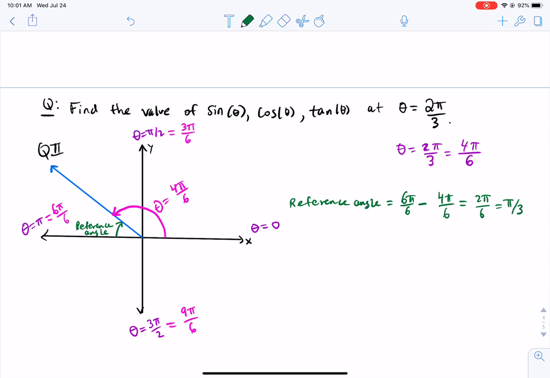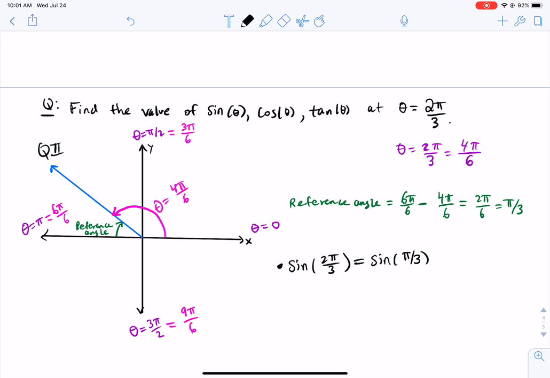Now here's the catch. Let's start off with sine. Sine of 2 pi over 3. That's what we are asked to evaluate. This is exactly the same thing as sine of pi over 3. Why? Because in the first quadrant, all of them are positive.